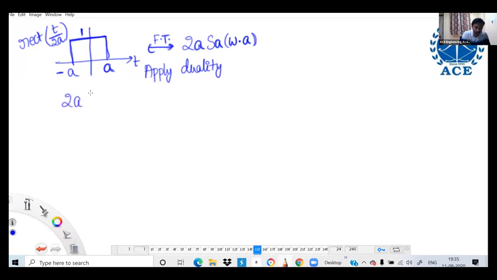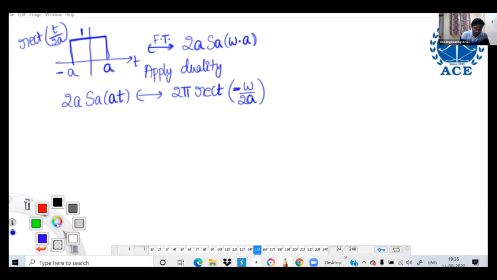So 2A Sa(At) on this side, and on the right side 2π rect(-ω/2A), with the 2 cancelling. What is the expansion of Sa(x)? sin x by x.